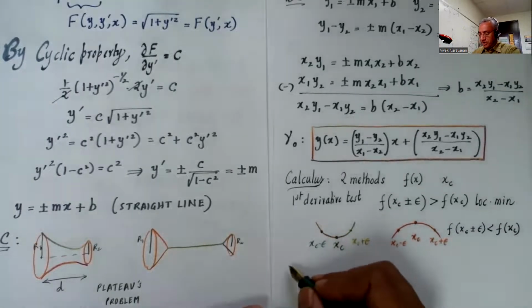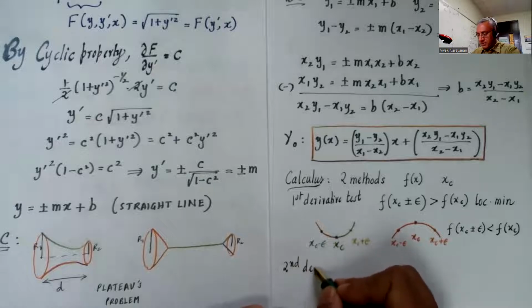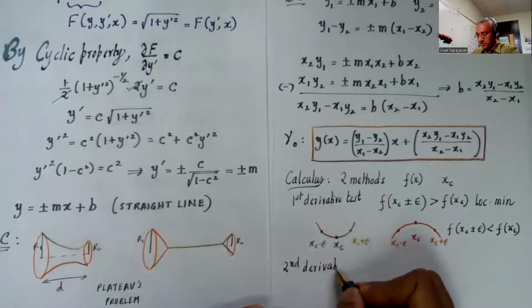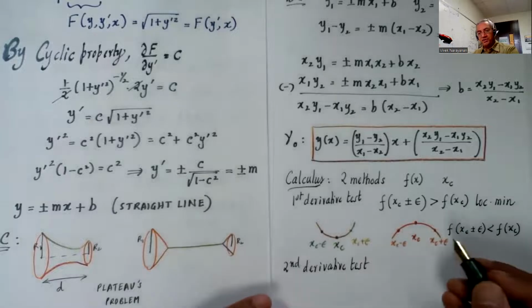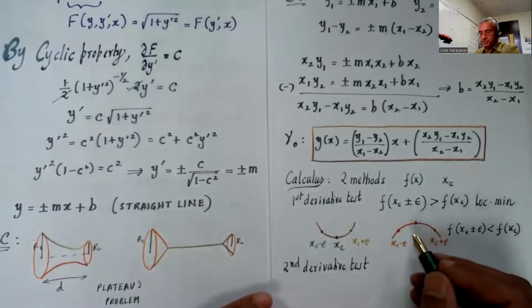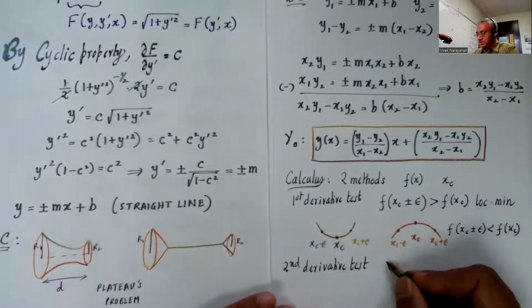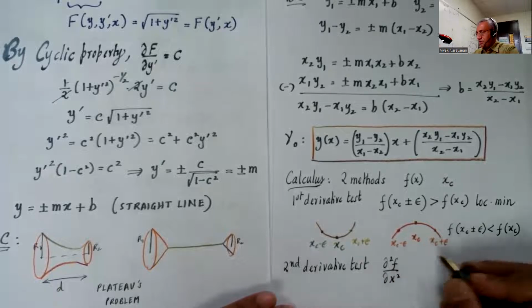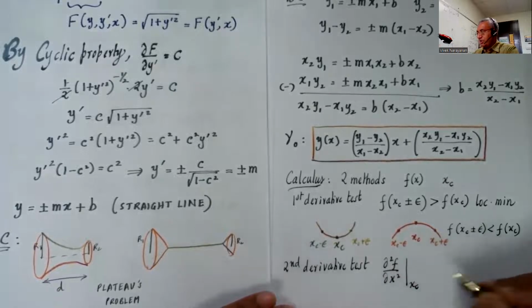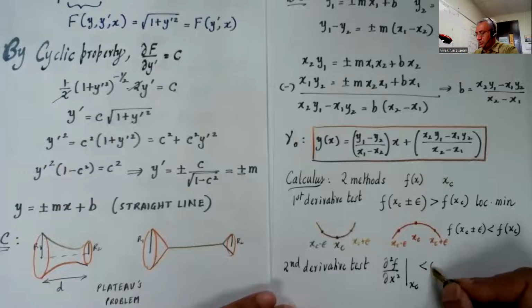The second derivative test in traditional calculus, you just take another derivative and evaluate it at the critical point. So ∂²f/∂x² evaluated at the critical point can either be less than 0.